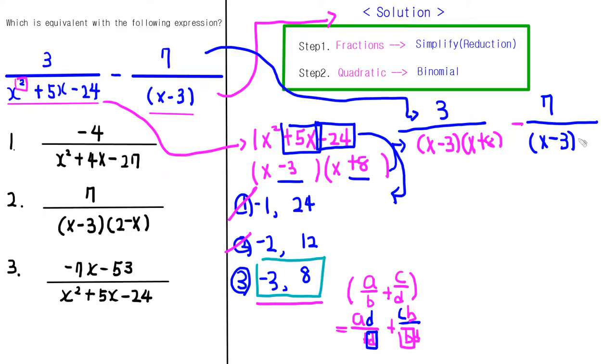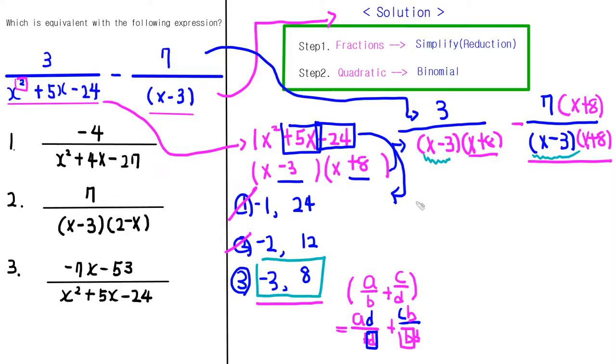So here we need to multiply by x plus 8, because we knew that x minus 3 was a common one. So if you multiply x plus 8 in the denominator, since we multiply x plus 8 in the denominator, we also need to multiply x plus 8 in the numerator.